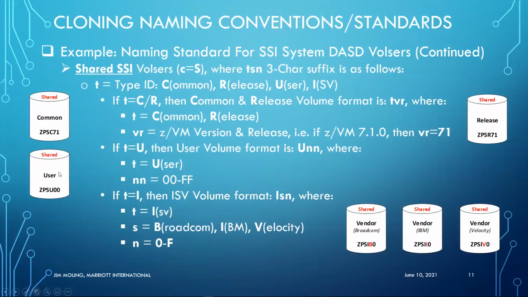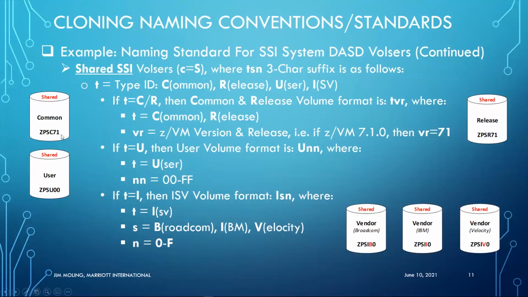One of the things I always like to take advantage of: you only have one common volume and one release volume, so long as it's big enough, in a given SSI cluster. So by making sure that you just have one of those volumes, then those last two positions can be used to advantage to indicate the version of VM that this volume is for.